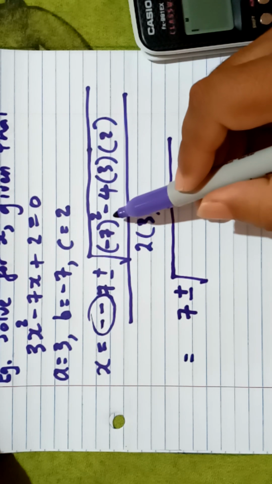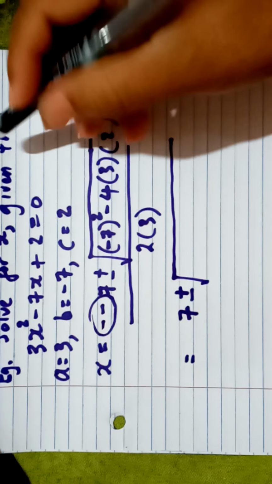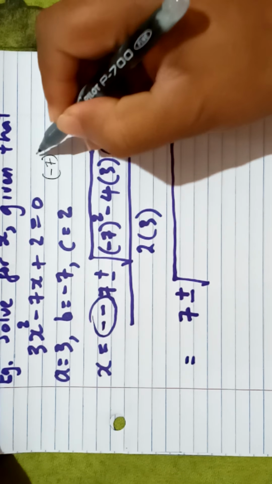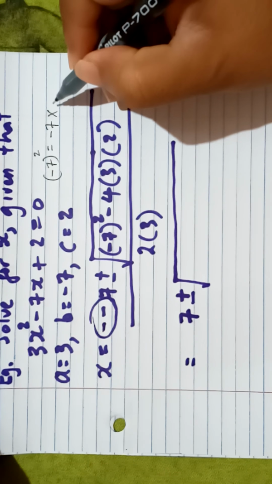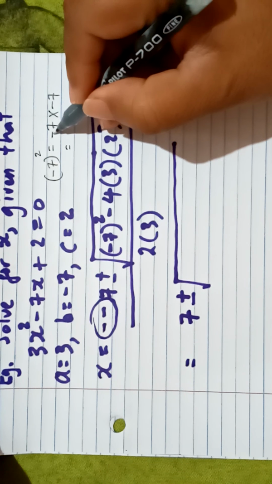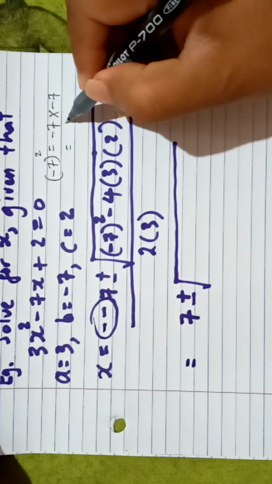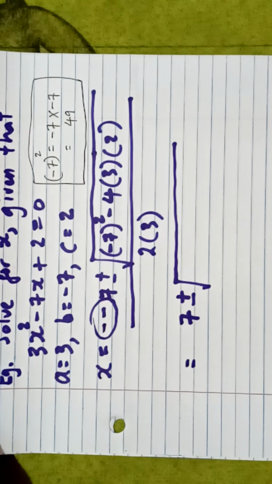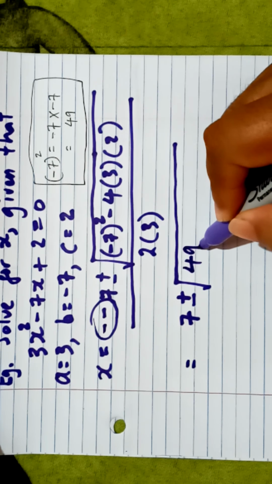Now, negative 7 squared is negative 7 multiplied by negative 7. When you multiply two negatives, you get a positive, and 7 times 7 is 49. So negative 7 squared is going to be positive 49.